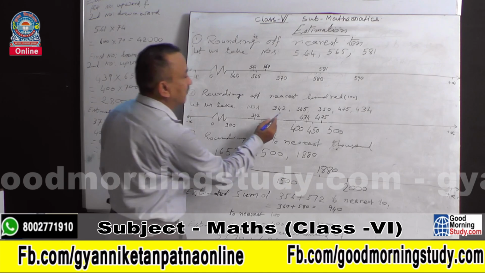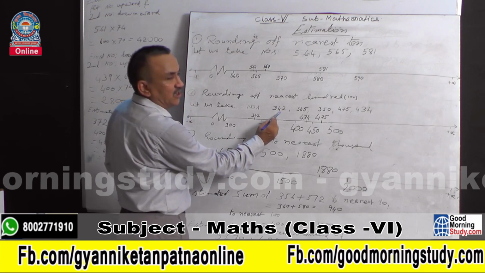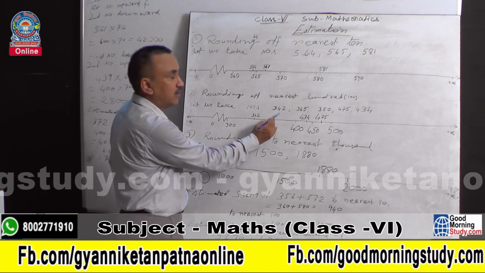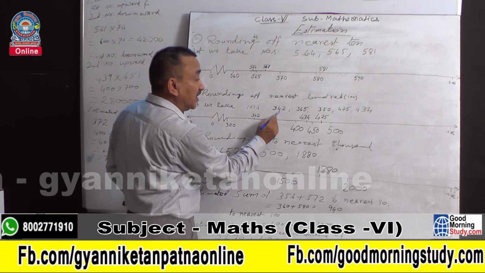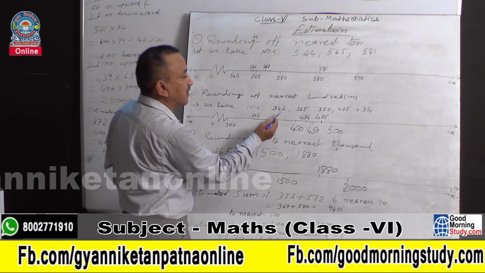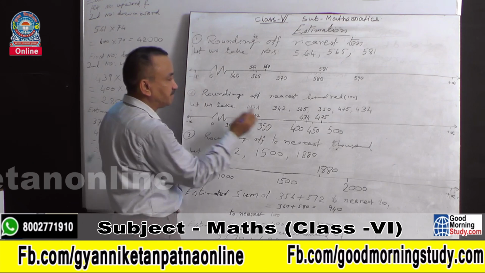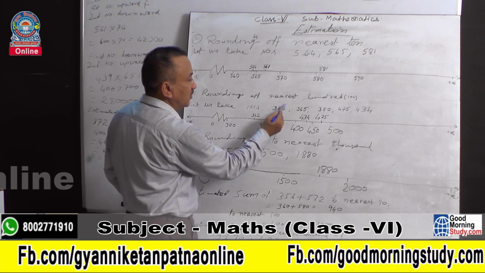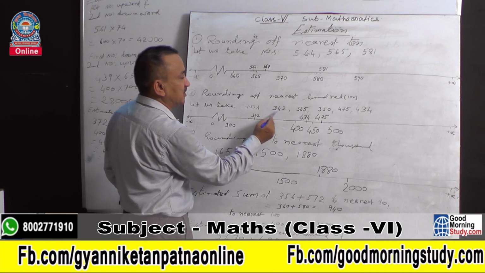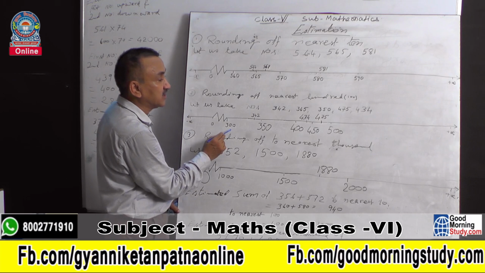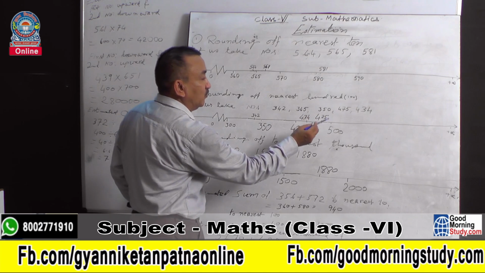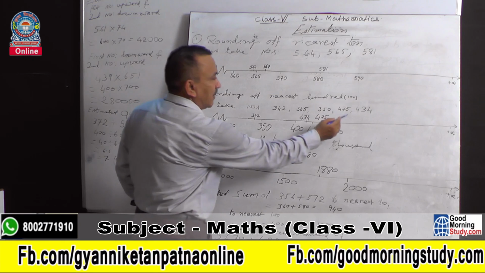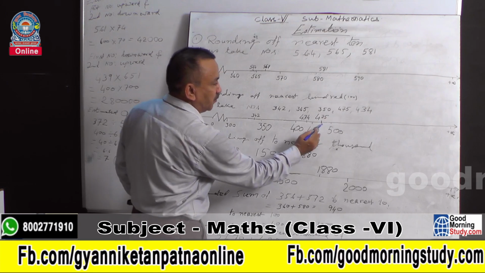We are saying if the tens digit is less than 5, then we make the unit digit and the tens digit 0 and we get the nearest 100.